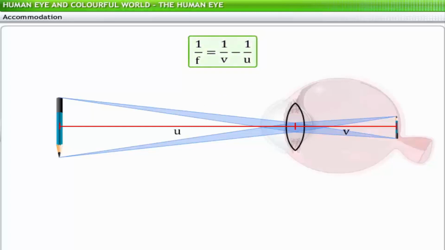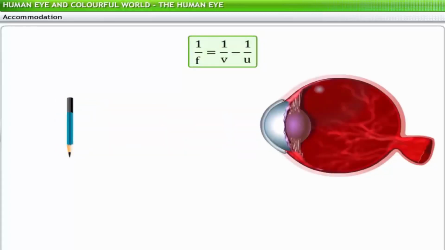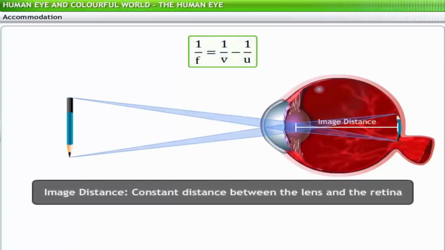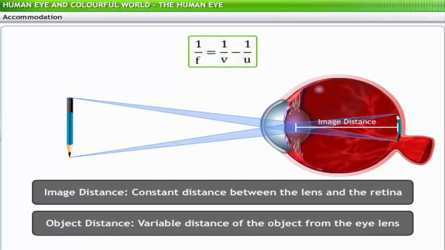In this relation, all distances are measured from the center of the lens. Applying this formula for the eye, image distance is the distance between the lens and the retina, which remains constant. The object distance is the distance of the object from the eye lens, which may vary.